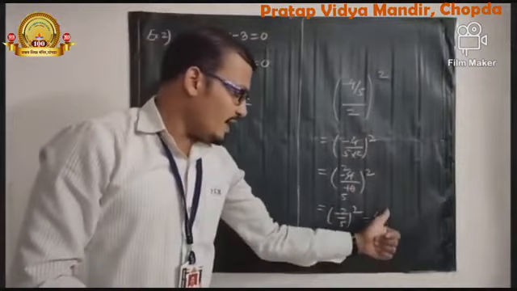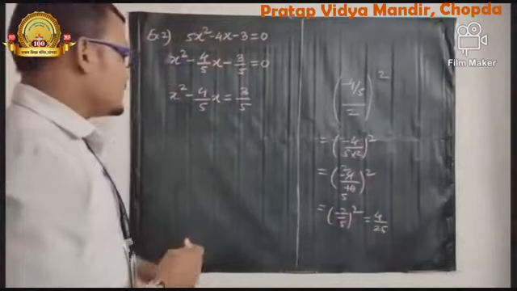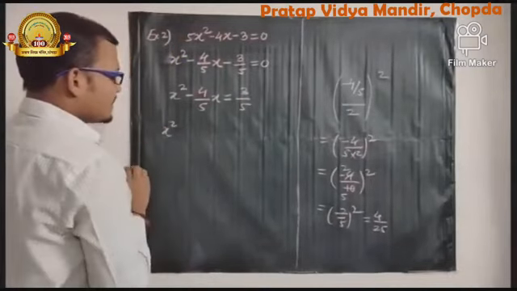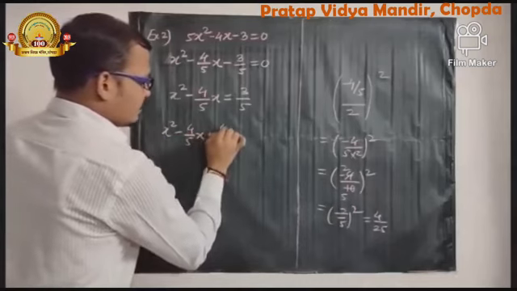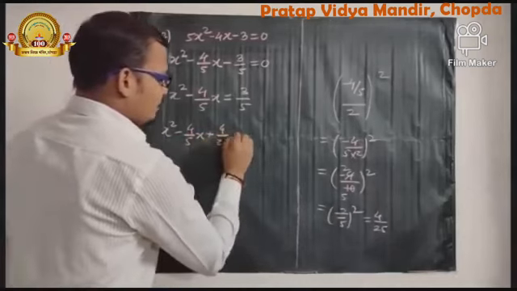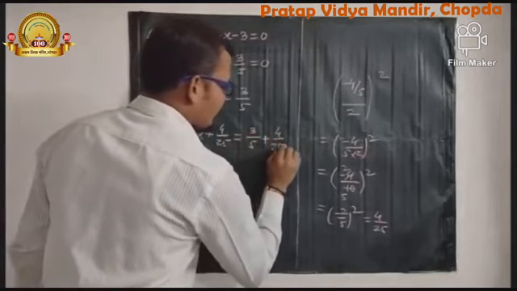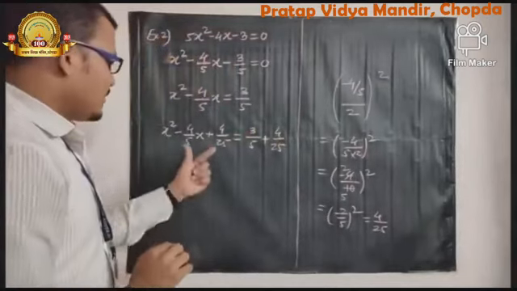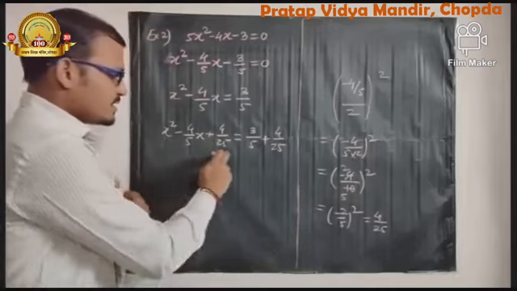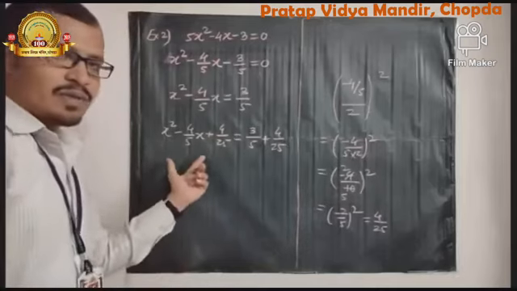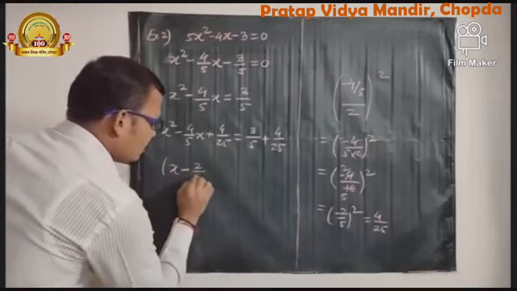Okay. Now add this 4 upon 25 to both sides, LHS as well as RHS. So our equation becomes x square minus 4 upon 5x plus 4 upon 25 is equal to 3 upon 5 plus 4 upon 25. Now you can see that this LHS is the complete square of x minus 2 upon 5.